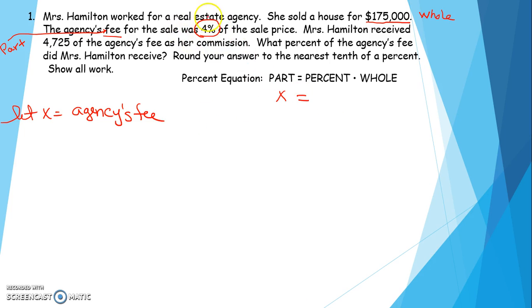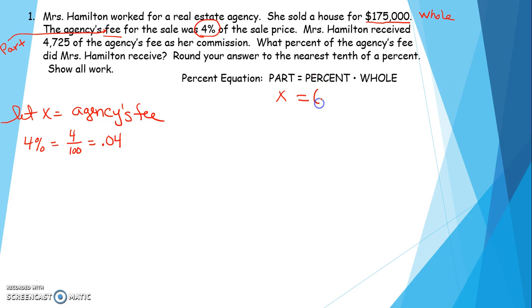Equals, we're given our percent, we're given 4%. You have to rewrite that percent as a fraction or decimal in order to use it in the percent equation. Percent is always out of 100, so that's 4 out of 100, or 4/100. So I could put 4/100 right here, or I could write that as a decimal. 4/100 is 0.04.